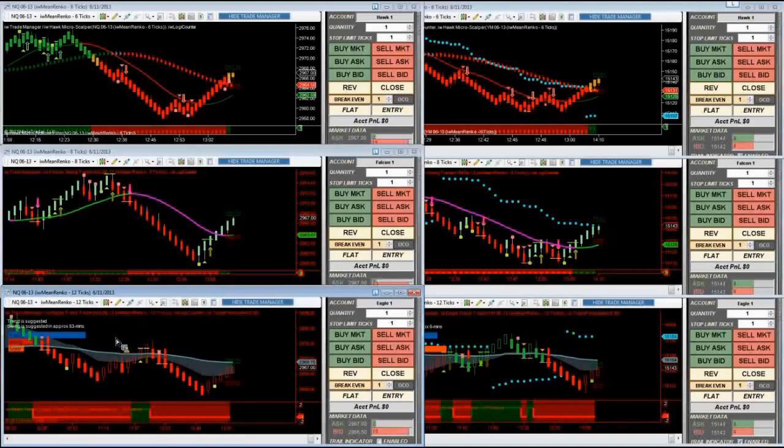So those are the kinds of things, an easy way to adjust your system to reflect the different market environments. Because obviously an hourly chart is going to look different than a 5-minute chart. You're going to get a lot less noise, and hopefully you'll be able to see a trend as it's building.